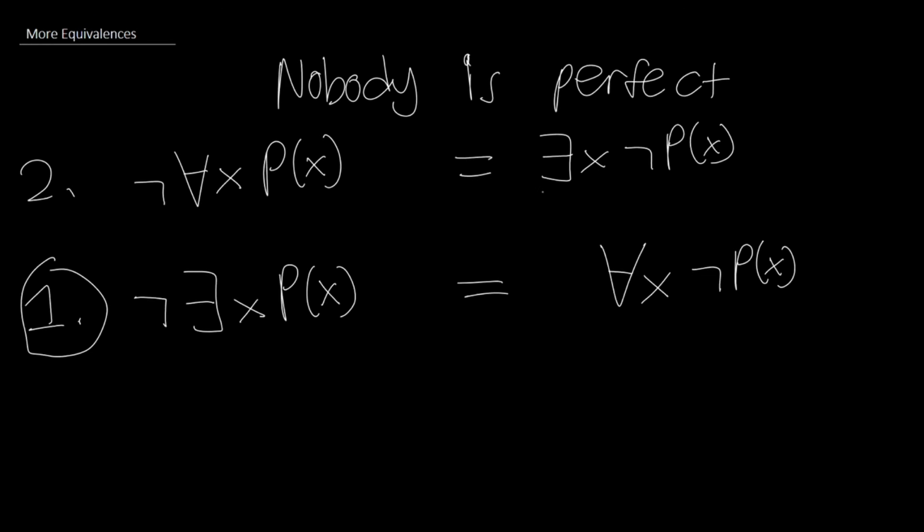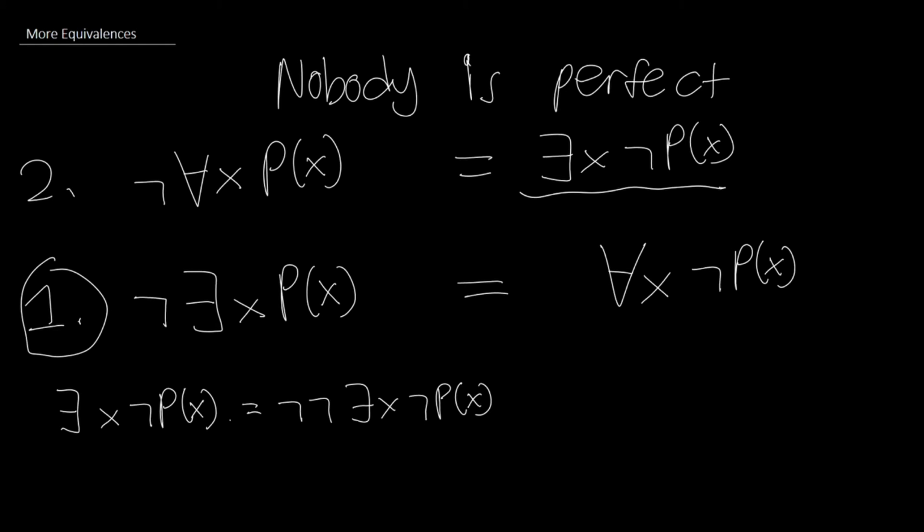Let's start with this guy over here. So we have E X not P X, and that's just equivalent to not E X not P X. That's because the two not signs can just cancel each other out. This is something that we've dealt with many times in previous videos. And now we can use statement number one. Statement number one is already proven. So what we can do is move the negative sign backwards, and then the E can convert to an A. That's exactly what we will do.